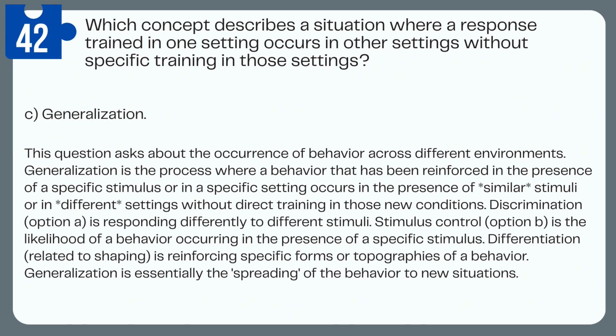Discrimination, option A, is responding differently to different stimuli. Stimulus control, option B, is the likelihood of a behavior occurring in the presence of a specific stimulus. Differentiation, related to shaping, is reinforcing specific forms or topographies of a behavior. Generalization is essentially the spreading of the behavior to new situations.